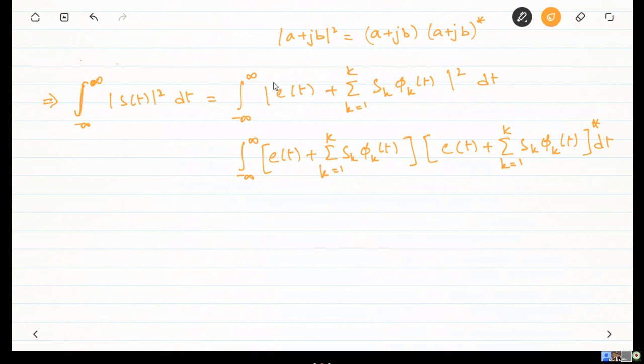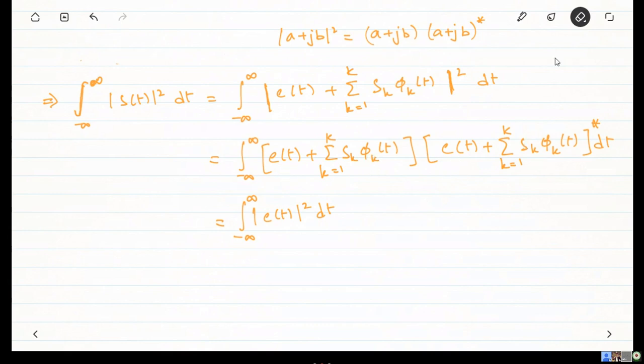So this is nothing but E of t plus this, multiplied by its conjugate. Now we will have E of t multiplied by E conjugate of t, this signal multiplied by this signal's conjugate, and then there is a cross term. So here we will have the integral from minus infinity to plus infinity of mod E of t whole square dt. That is this first signal multiplied by this signal, right?